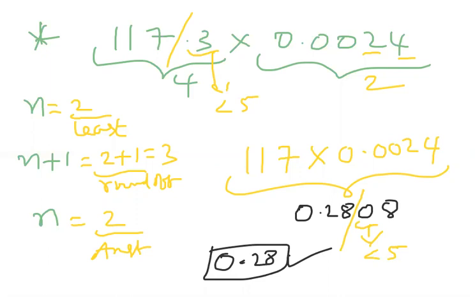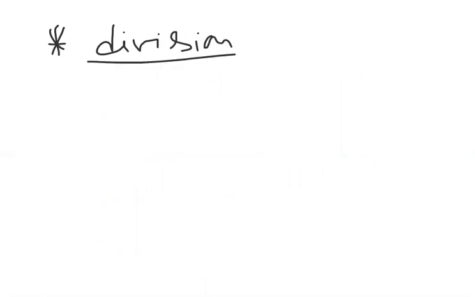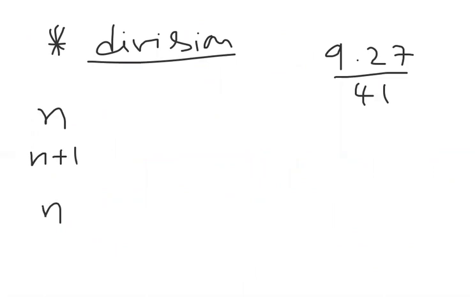Now let us observe division methods. In division, they have given one number: divide 9.27 by 41. Our rule is the n plus 1, n rule. Multiplication and division have the same rules.